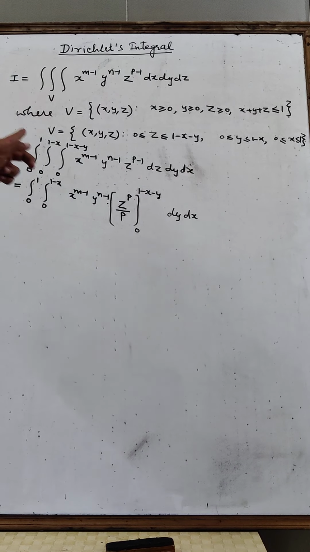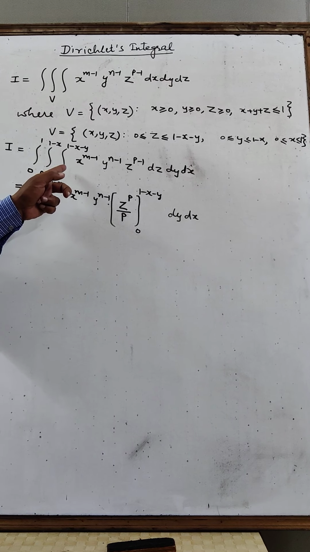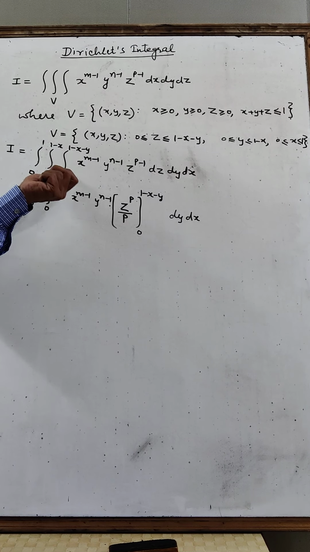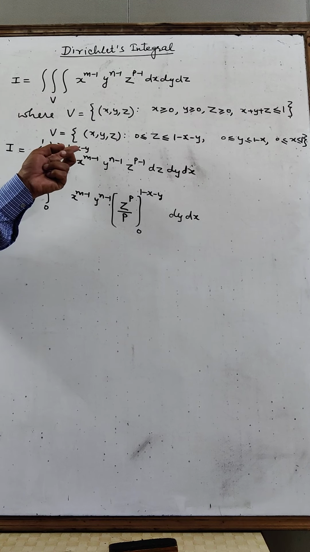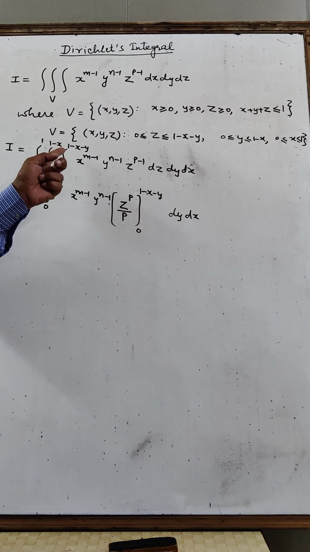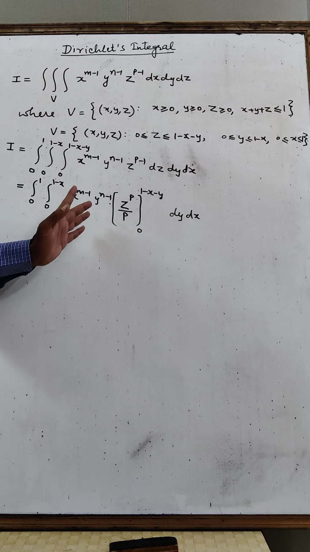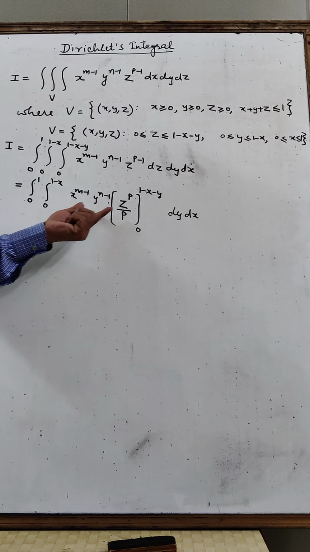Again, students, keep in mind that when we integrate with respect to z, x and y remain constant. Second thing, why are we integrating with respect to z first? Because the limits of z contain both x and y, so we integrate with respect to z first, keeping x and y constant.